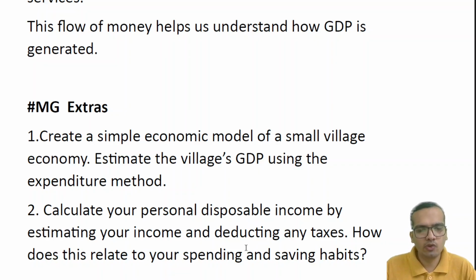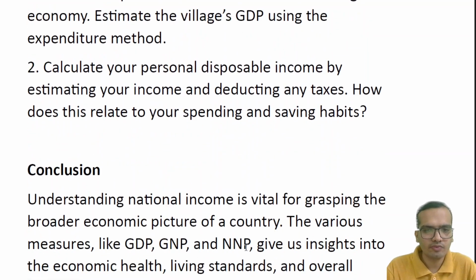Based on that, you can estimate the GDP of that village using the expenditure method. Second, calculate your personal disposable income by estimating your income and deducting any taxes. How does it relate to your spending and saving? Analyze how it is impacting your spending and saving.